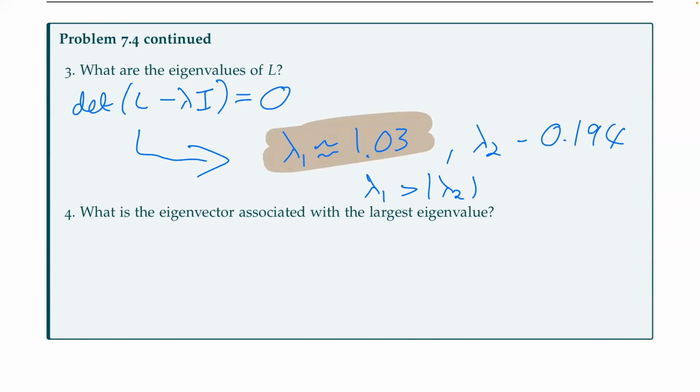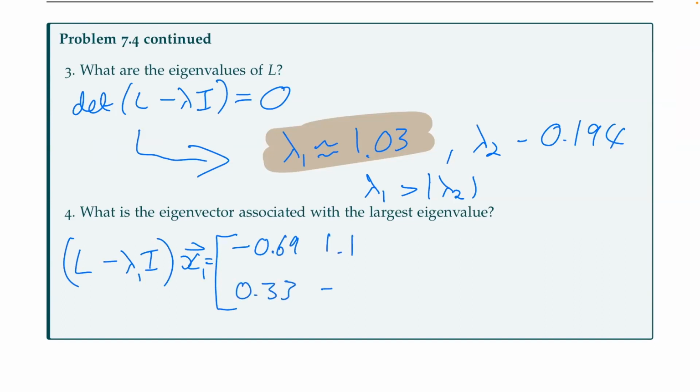I can also write down an eigenvector associated with this. So we went through how to write down eigenvectors before. If I write down L minus lambda 1, times my eigenvector, which I'll just call x1 here, we're going to have minus 0.69, 1.1, 0.33, minus 0.53, I think I've got that written down as.